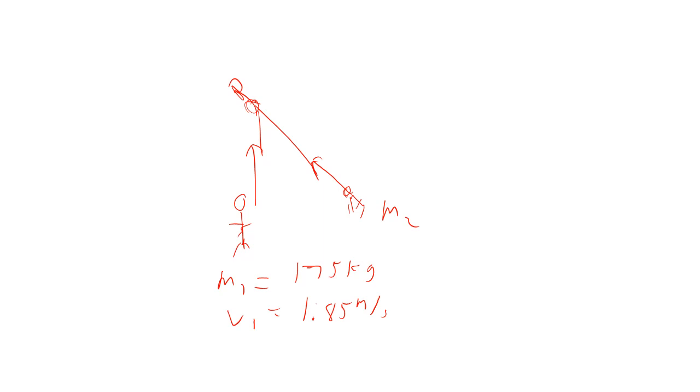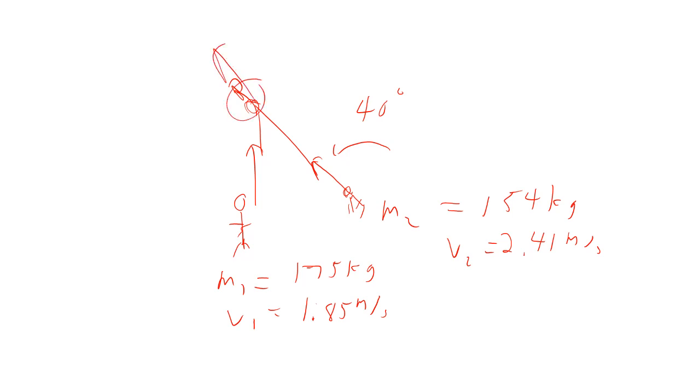The defender is going to have a mass of 154 kilograms and is moving at a velocity of 2.41 meters per second at an angle of 40 degrees relative to downfield. So the question is, after they collide and move together, in what direction are they moving?